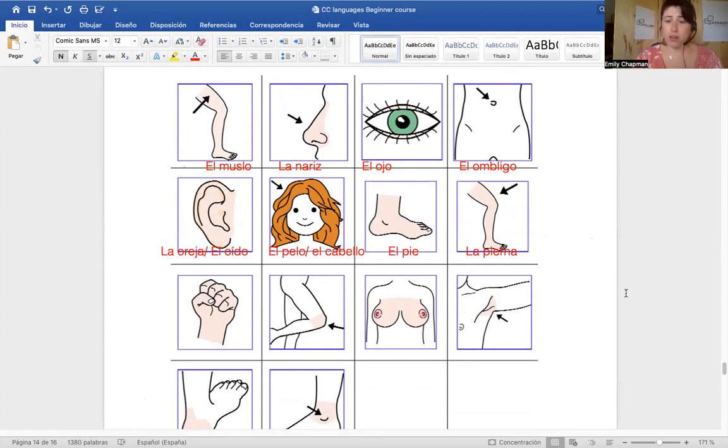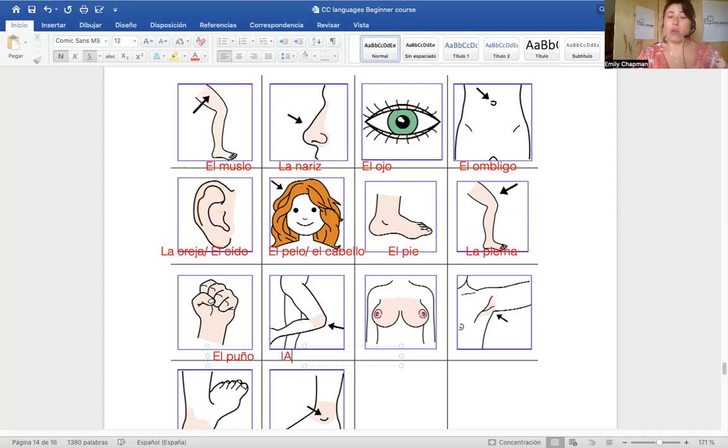So if you're having your blood taken, sometimes you're told to make a fist with your hand, and this is called el puño. They would say, haz un puño, make a fist, haz un puño con la mano, make a fist with your hand.